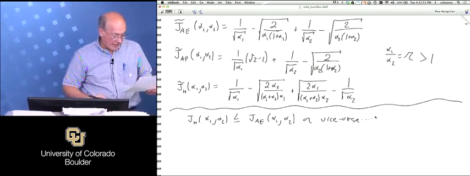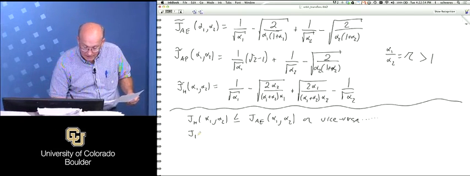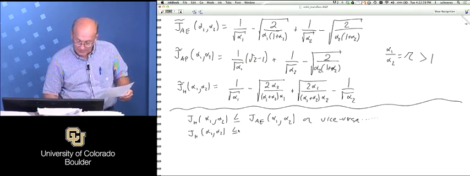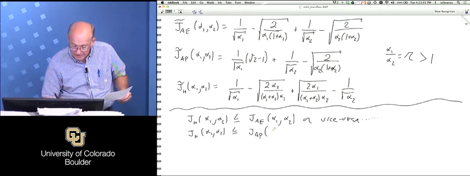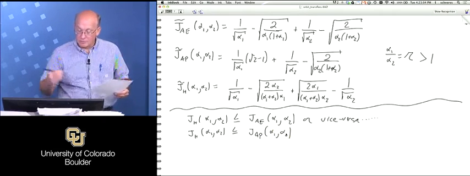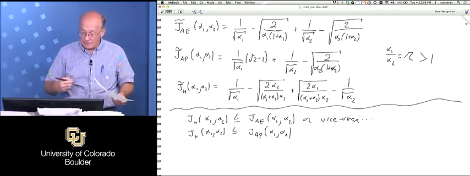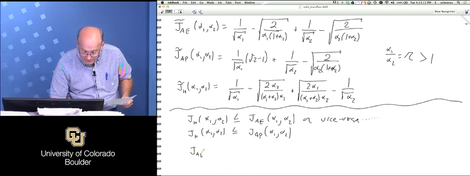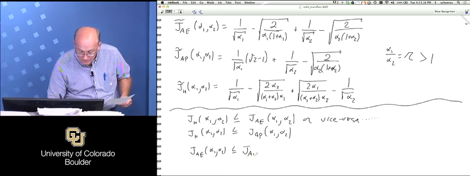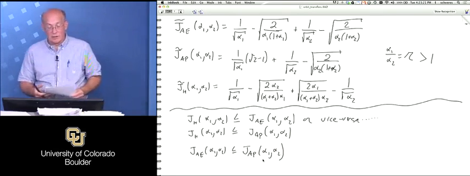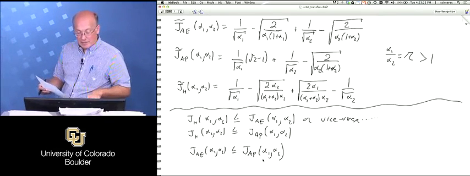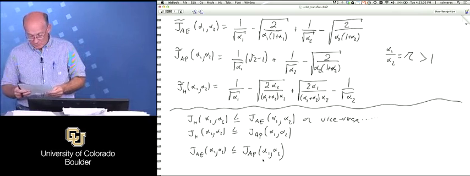We can also look at Hohmann cost less than or equal to J sub P, alpha 1, alpha 2, or vice versa. And finally, we should compare these two with respect to each other, to find out if there is a region where one aero-assist transfer dominates over the other.